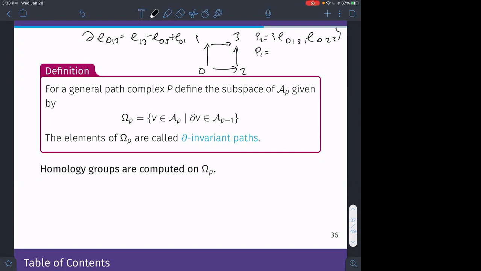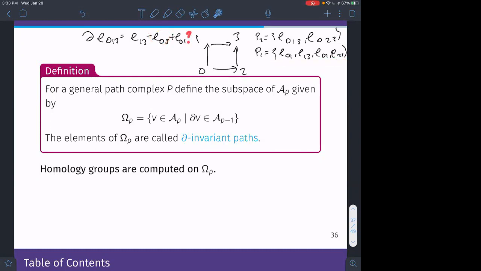And I can check here. 2, 3. And for example, which one is missing? This one is missing from this list.